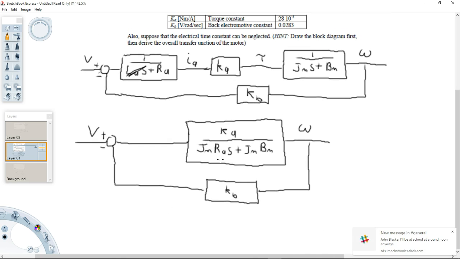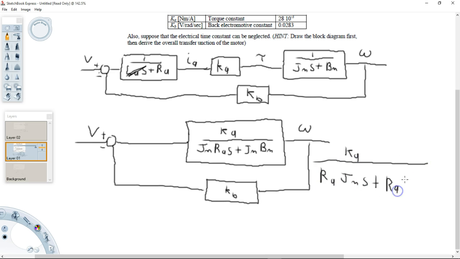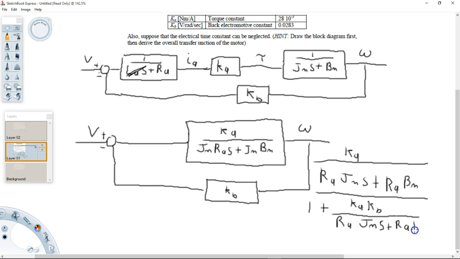So now that you've reduced your system into this, the next step would be to reduce it even further. And if you have a system that consists of a feedback loop like this, this is how you would solve it mathematically. So what I did here was I took this transfer function, and this is the exact same thing that's in the numerator.